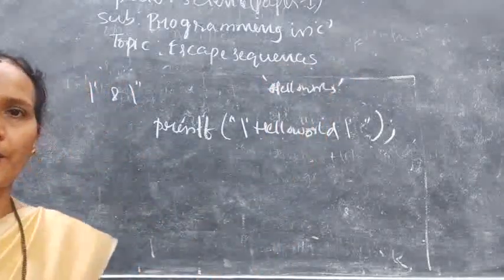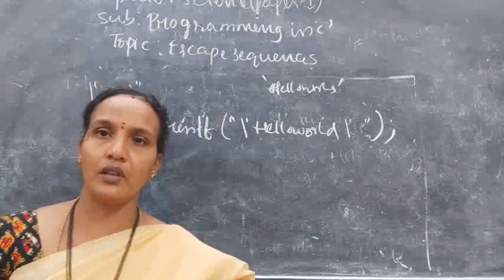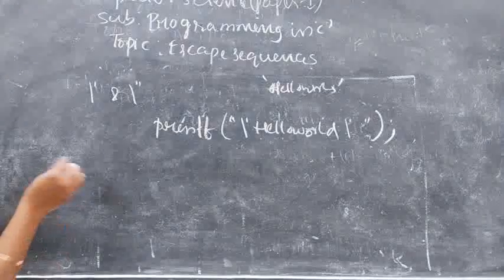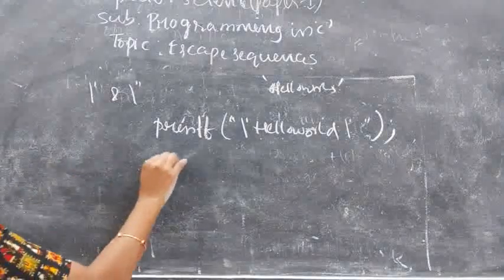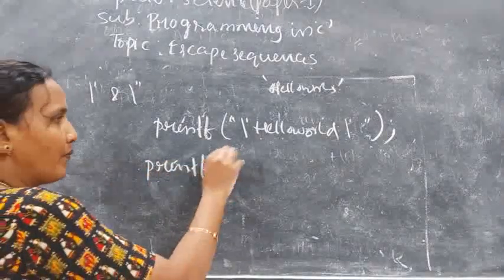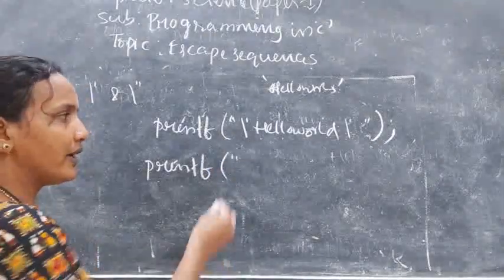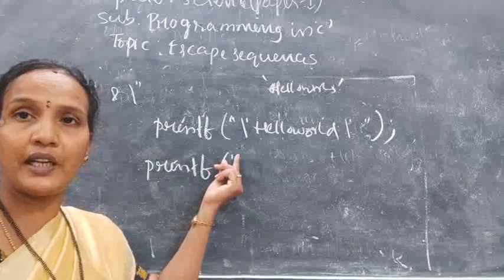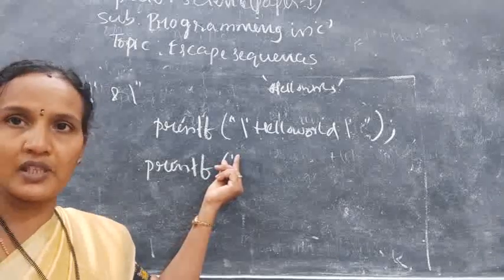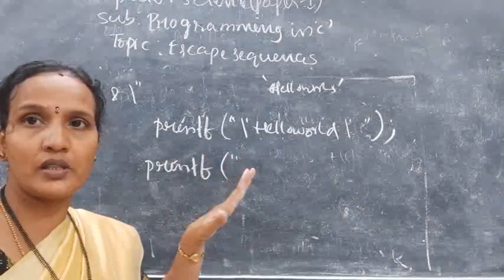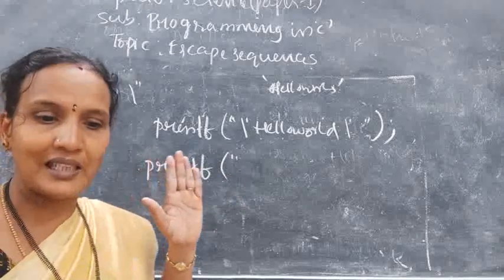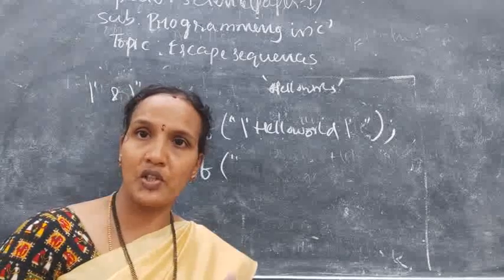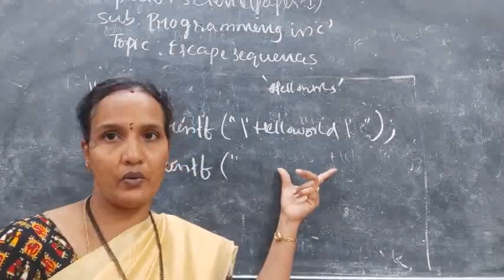Similarly, if you want to give double quotes, then in the same way we write printf. Whenever you are printing a message on the output screen, if it is a string, then it should be enclosed in double quotes. In the last class I explained printf: if you are printing a string, that string should be in double quotes.